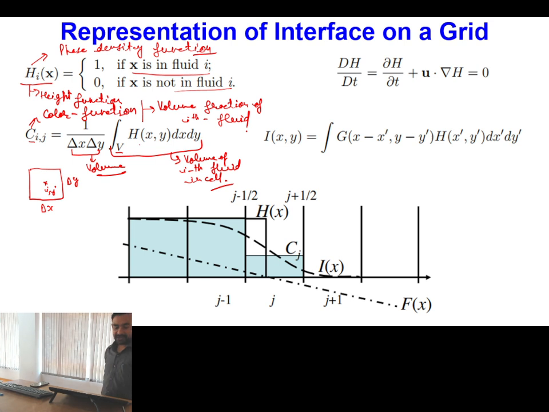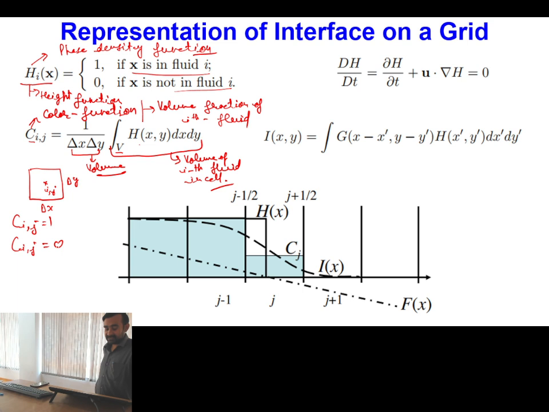One important point you have to understand: the cell which is completely filled with the ith fluid, for that cell the value of C_i,j will be equal to 1. Okay, is this one clear? And the value of C_i,j will be equal to 0 for a cell which is not having the ith fluid at all.